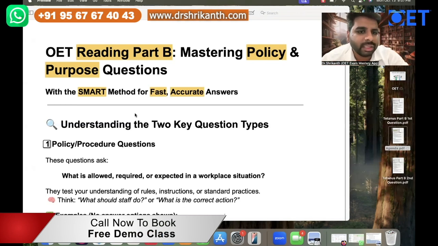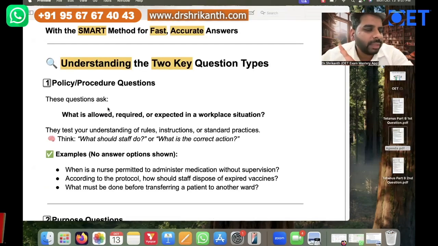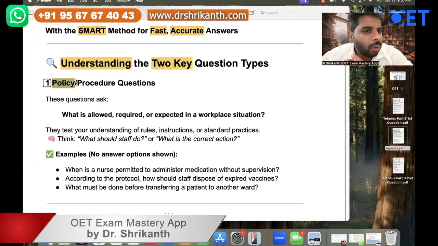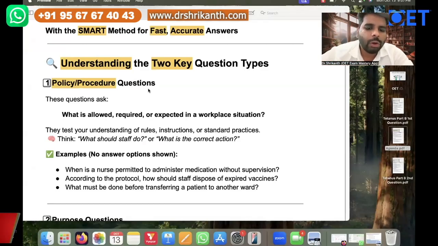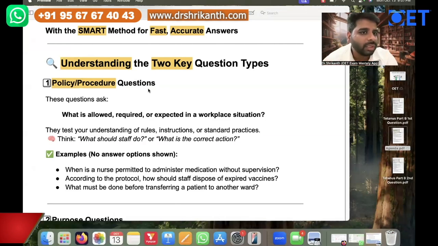And today we'll be discussing two types of questions, right? So the first type of question is what we call policy or procedure type questions. So remember what I told you. What is OET Reading Part B? Reading Part B are workplace related documents. See, all of you are registered nurses, I believe. So when you go to your dream country, that is UK, Australia, New Zealand, US, and you're working there, you'll be getting policies from them.